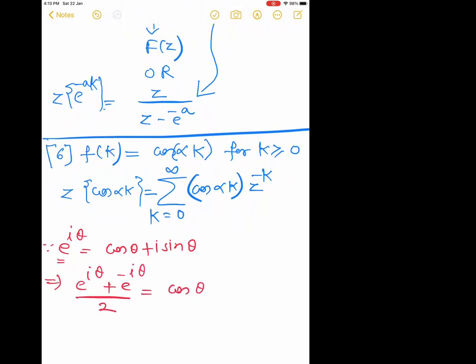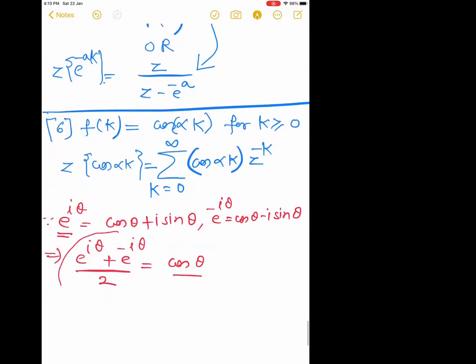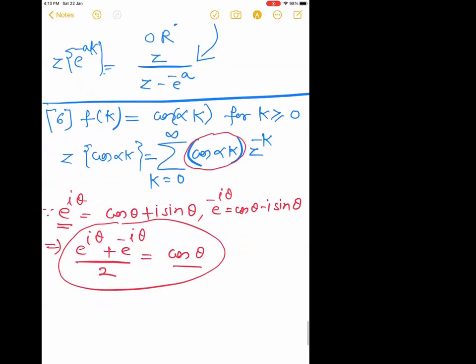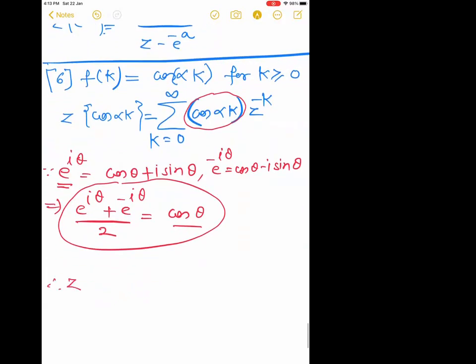So e raised to i theta is cos theta plus i sin theta, and e raised to minus i theta is cos theta minus i sin theta. If you add them, we get 2 cos theta. So we will be using this cosine formula. In place of cos alpha k, we will be using this exponential term. Therefore, the z transform of cos alpha k is equal to the summation of this.